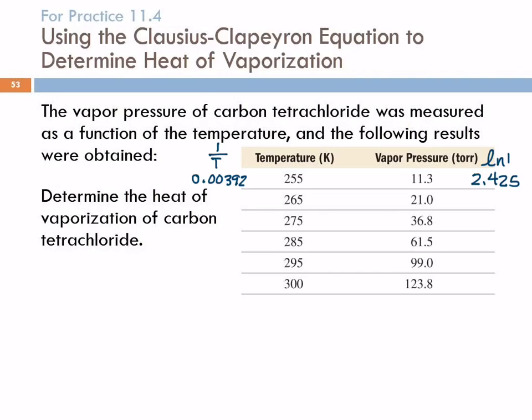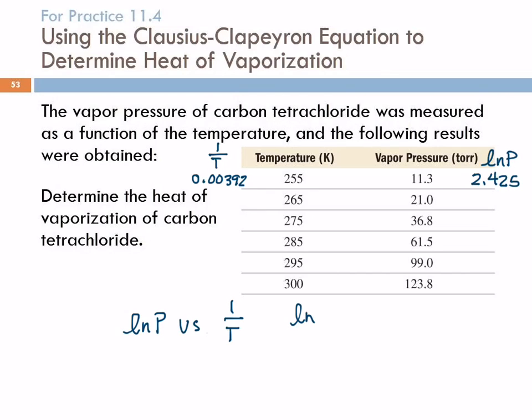So the natural log of the vapor pressure. And then we're going to make a graph of natural log of the vapor pressure versus 1 over T. You use Excel to find the slope and the intercept of that line. The slope is what we're interested in.